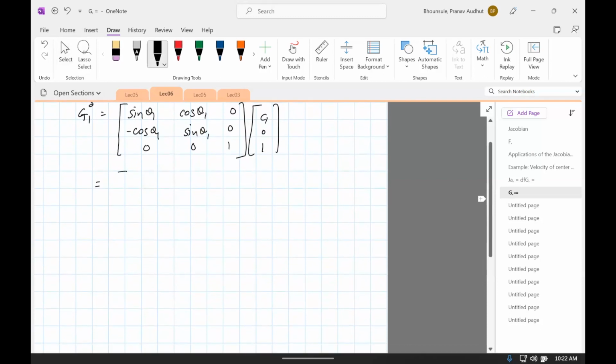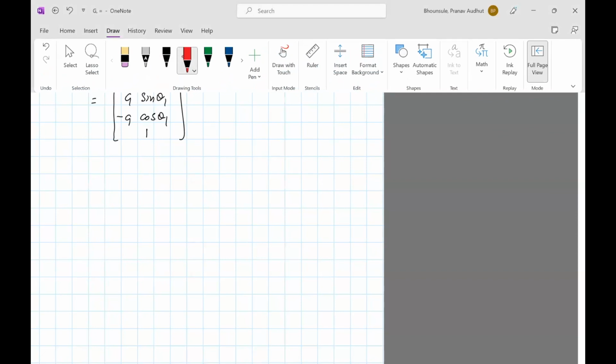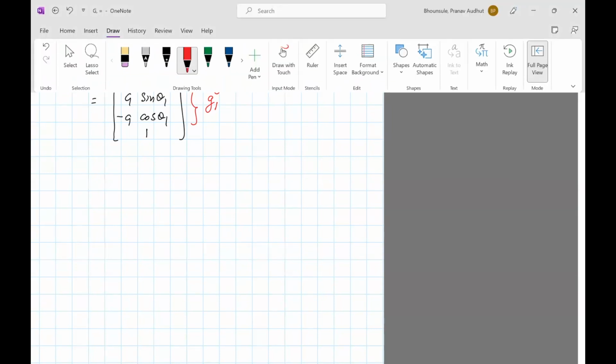If you multiply this, you get C1 sine theta 1, C1 cosine theta 1 with a negative sign, and then 1. Remember that the first two lines are actually the small g1 in frame 0. It usually comes with that extra 1 added to it, just to make the homogeneous matrix work. But that's G1.